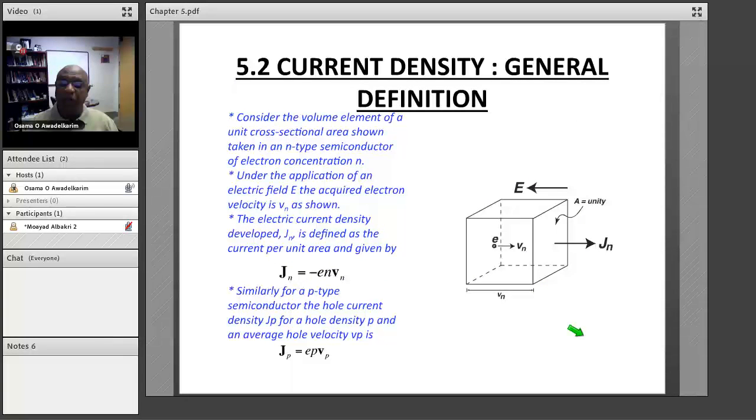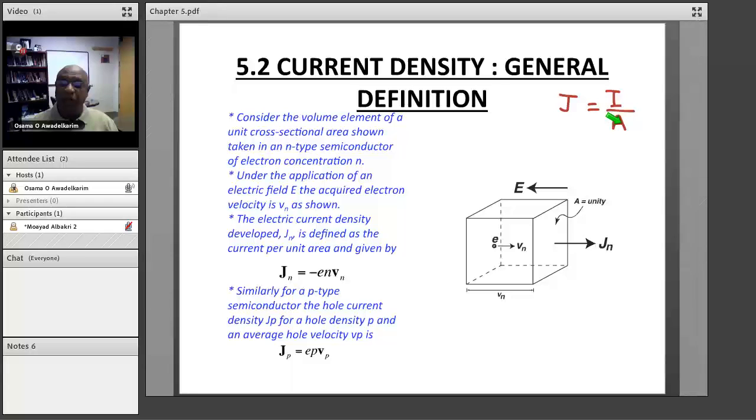Now, let's talk about current, how we generate current in general, and current density. We will work with current density rather than current, and I will tell you what we mean by that in a minute. Current density is the current per unit area. So current density, which we normally call J, is current I divided by the cross-sectional area of the conductor.